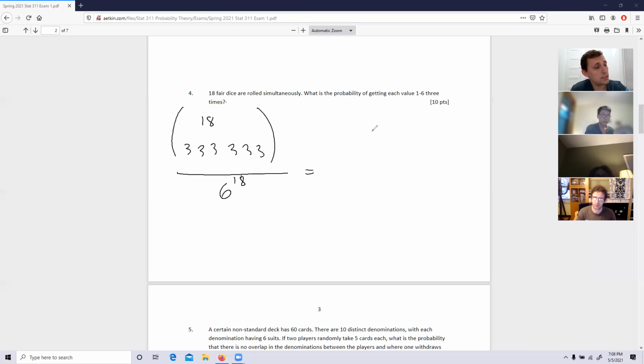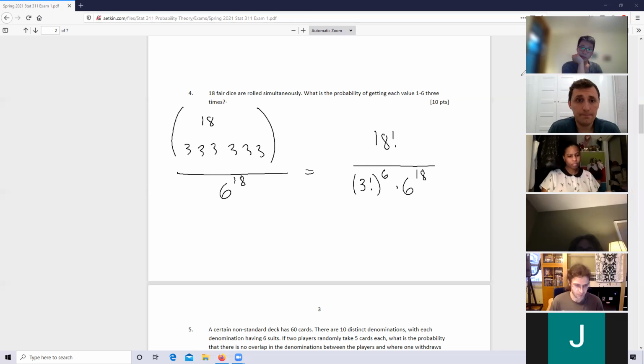So the answer is 18 factorial divided by 3 factorial to the power of 6, divided by 6 to the power of 18. That's the probability. Good? Questions? All right, then I'm going to move to 5.